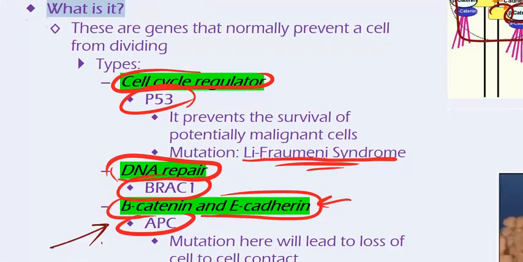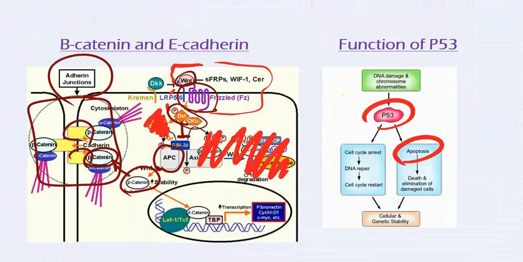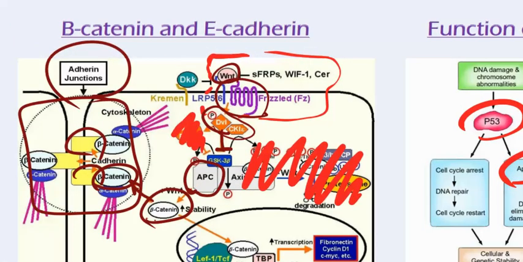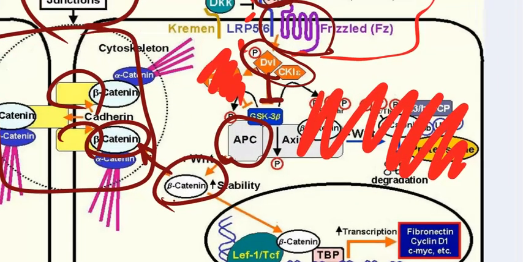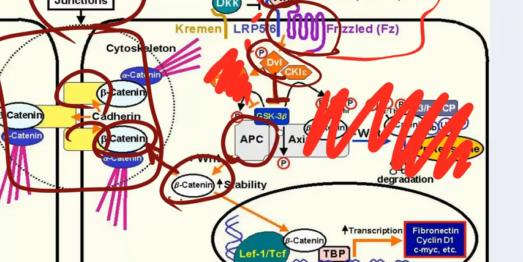Wait, I have a question. Yeah, go ahead. Back to the one that you drew. So it says disheveled inhibits GSK3. I think GSK3 is normally holding all these maybe in an inactive position. So then the mutation in the APC will, I guess, prevent it from acting on the beta catenin.